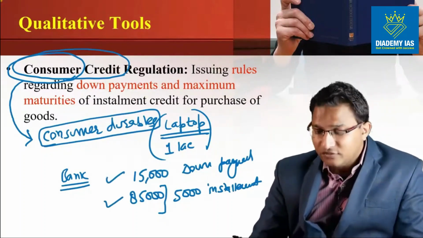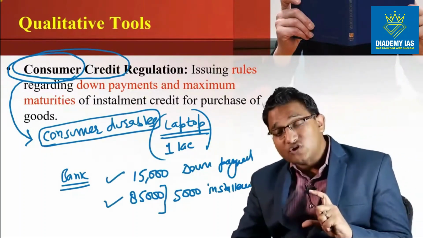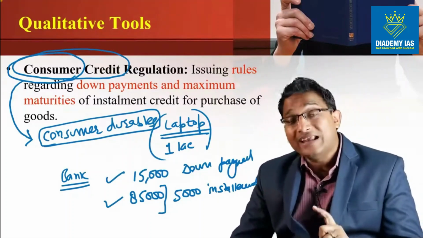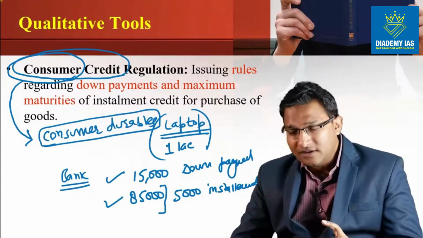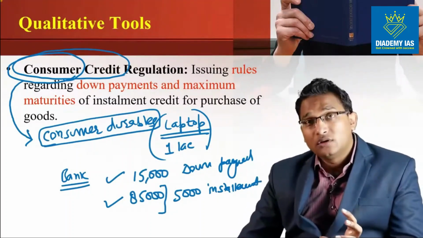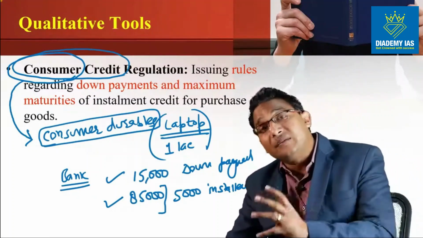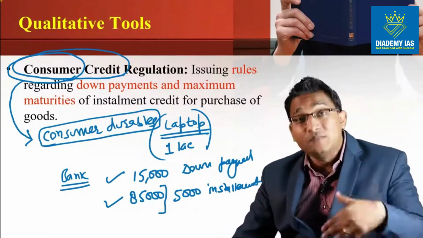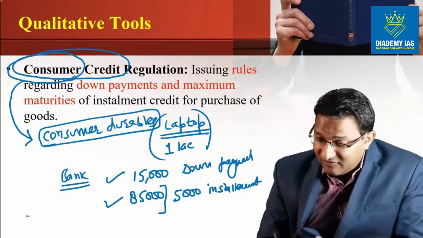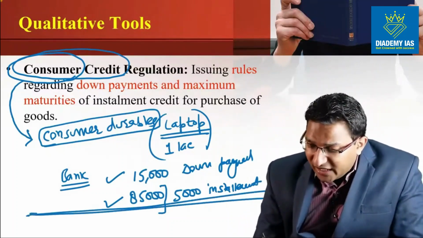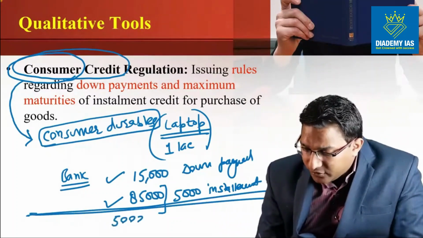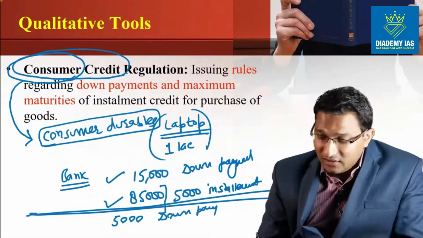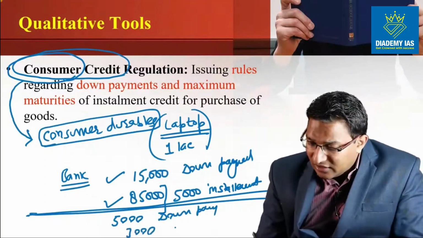Now if RBI wants to impact the money supply in the laptop segment, in the electronic segment, what can RBI do? If RBI wants to increase the money supply and encourage buying of laptops so that more and more students can take advantage, RBI will say that you can take a down payment of 5,000 rupees and the rest 95,000 you can pay in installments of 3,000 rupees.